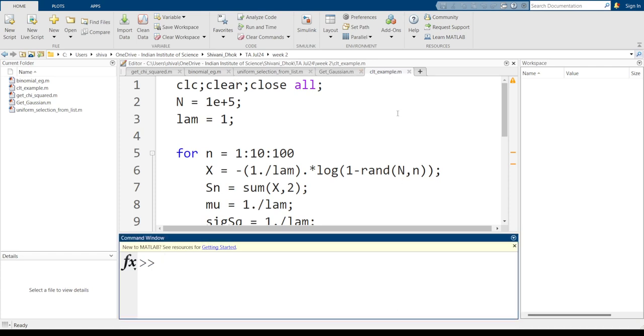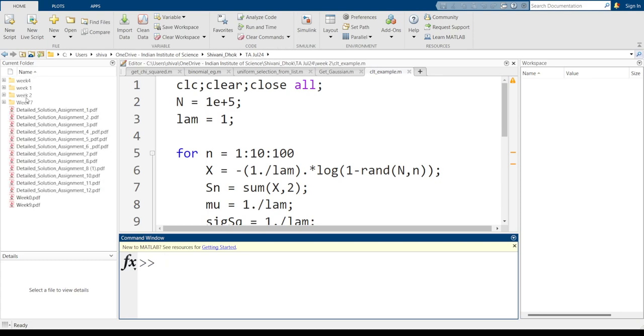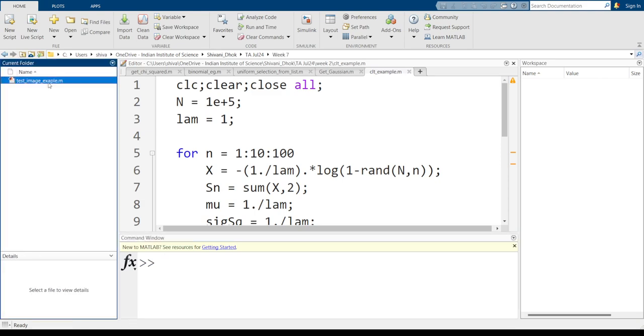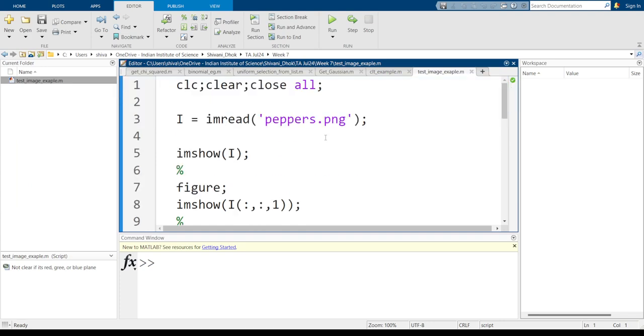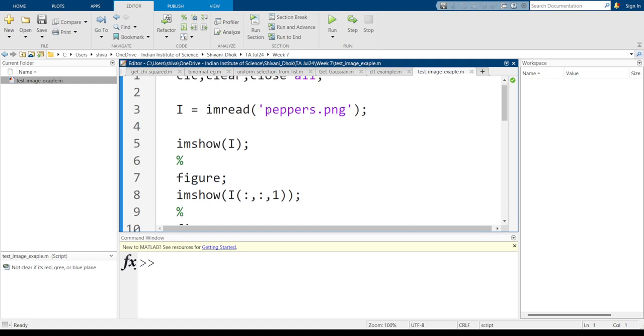Okay, so now I've created some example. This is what I am calling the test image example. This is peppers.png, a test image that MATLAB has built in.